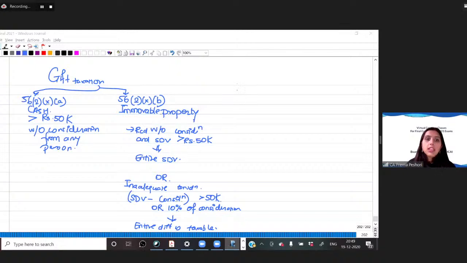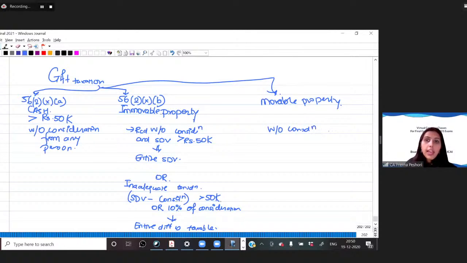Third case, movable property. So movable property received without consideration and fair market value greater than rupees 50K, entire fair market value is taxable.